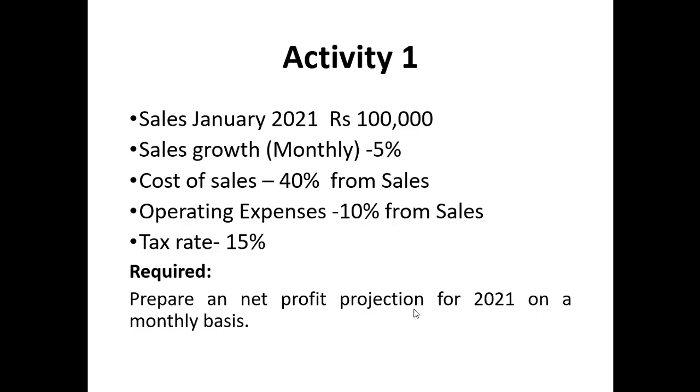So you expect your sales to grow by 5% each month. And also the cost of sales is given. It is 40% from the sales. And also you are given the operating expenses, and it is predicted, or forecasted, as 10% from the sales. And finally the tax rate is 15%.